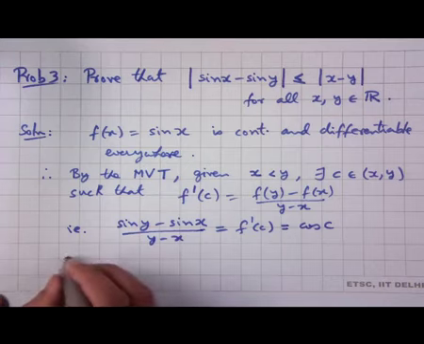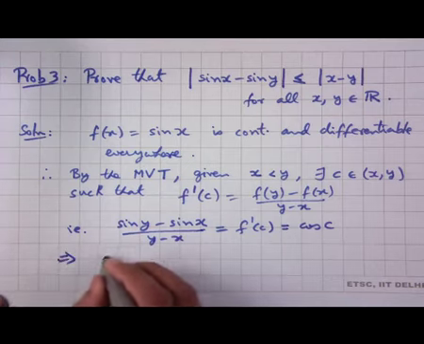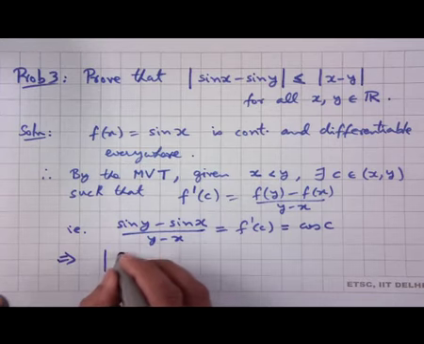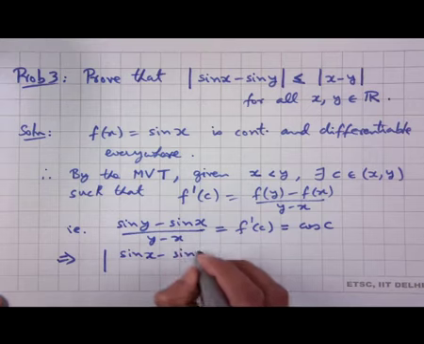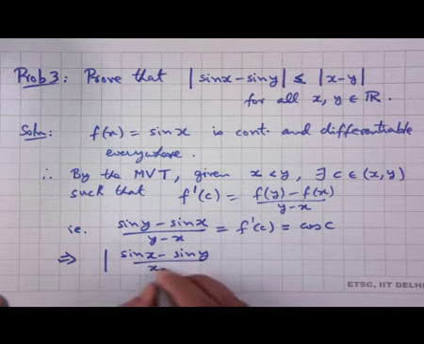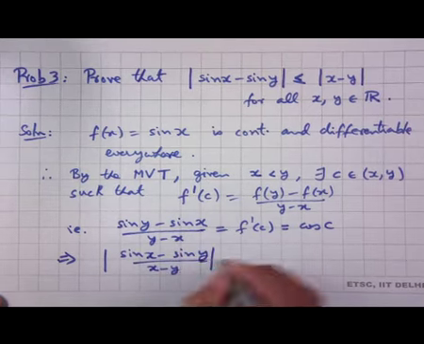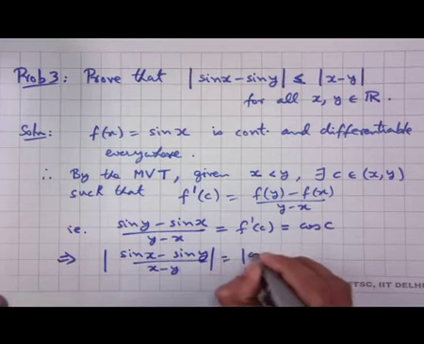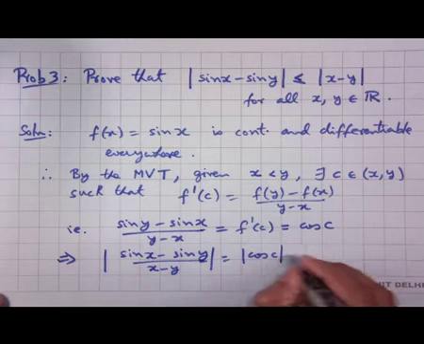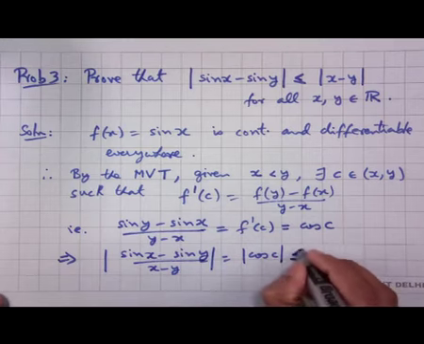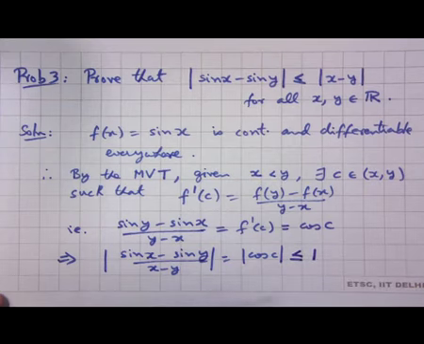So, this implies that if I take the modulus of sin x minus sin y divided by x minus y, this is equal to mod cos c for some c, and we know that the absolute value of cosine theta is always less than or equal to 1.